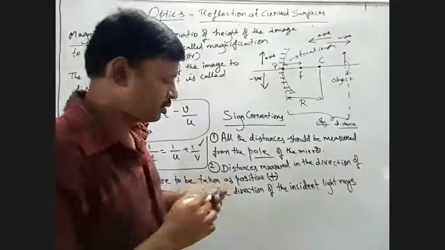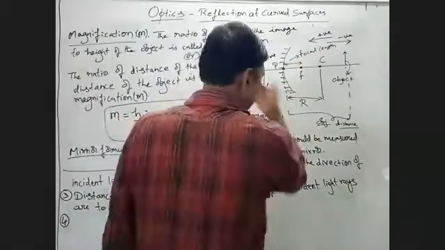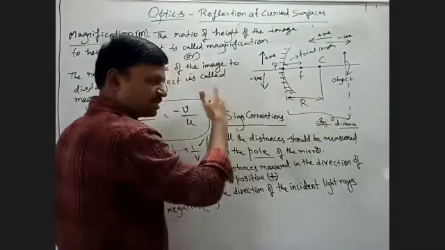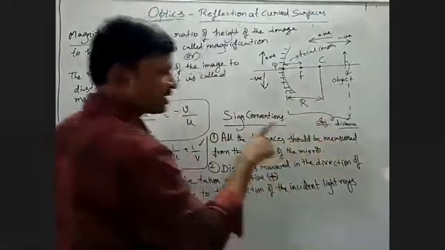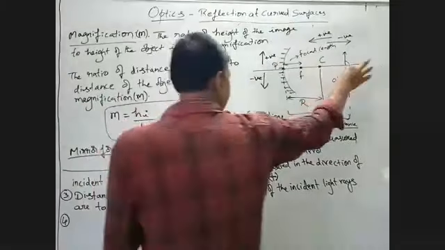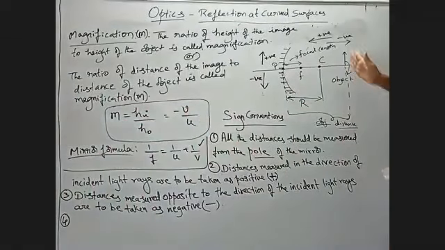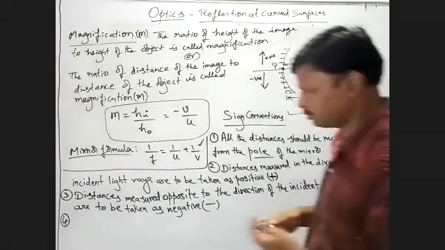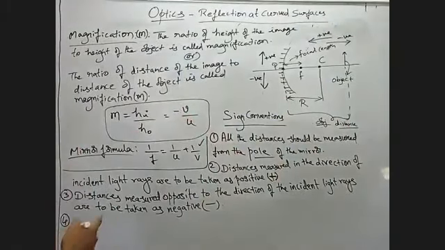Suppose if you are measuring like this only, then you can take them as positive, that means the direction of light rays. But opposite means you have to take it as negative. And see here the object is here like this now, so you are measuring above the principal axis. So such a distance you have to take as positive. And the image, in most cases we get an inverted image for the concave mirror, and such distances we are supposed to take as negative.